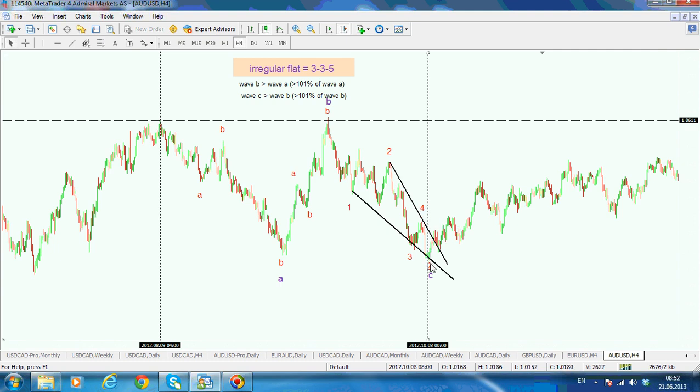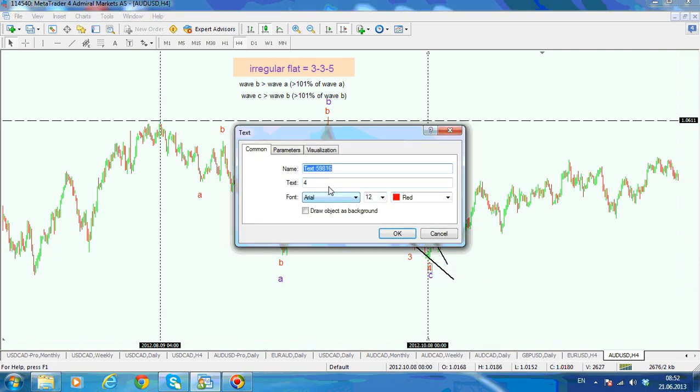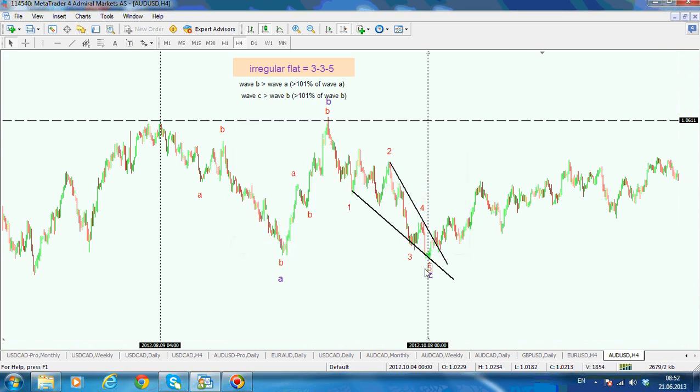So 1, 2, 3, 4, 5, a 5-wave structure, and there you go. You have the 5-wave structure for your irregular flat. So important, the second condition for an irregular flat, wave C should be bigger than the B wave.